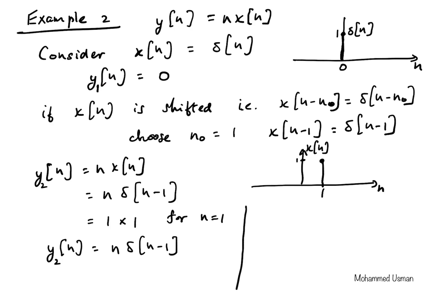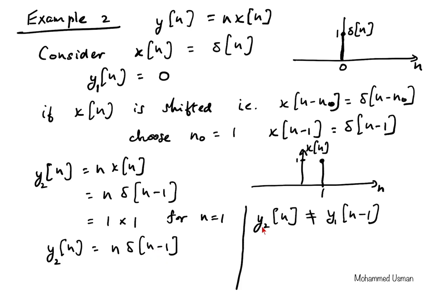So we see here that y2 of n is not equal to y1 of n minus 1, because the input here is shifted by 1 to the right. The output is not correspondingly shifted, because if it was 0, a shifted version of 0 should also be 0, right? But that is not the case. In here, y2 of n is n times delta of n minus 1.